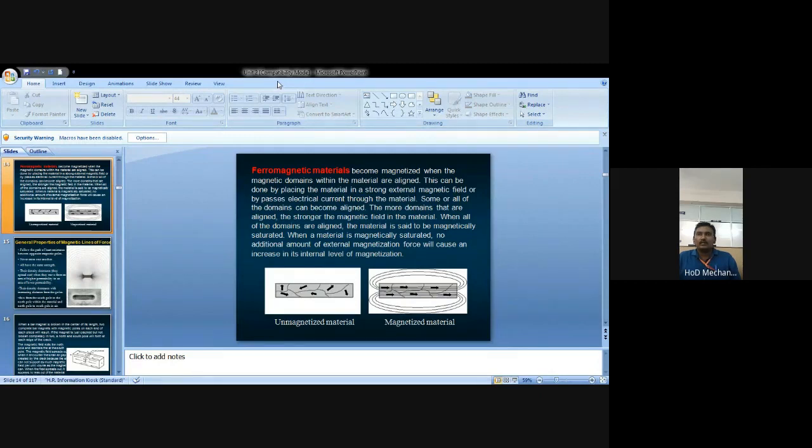The ferromagnetic material becomes magnetized. When a material is magnetically saturated, no additional amount of external magnetization force will cause an increase in its internal level of magnetization. See the picture view, before magnetized and after magnetized.